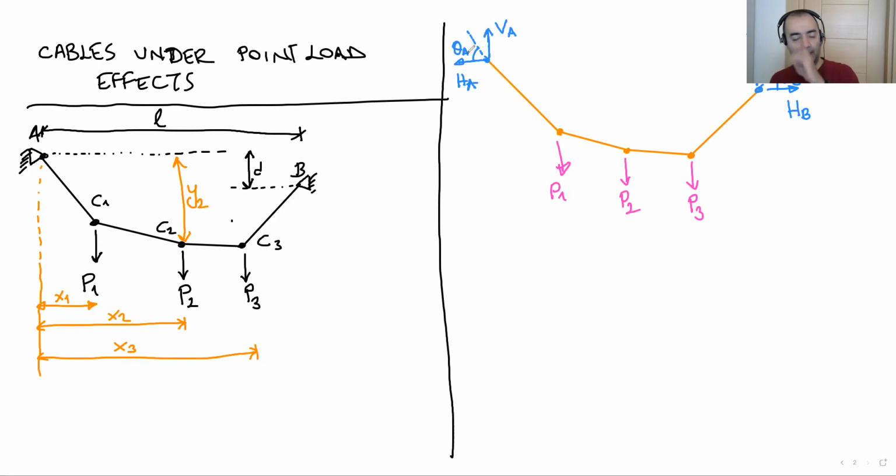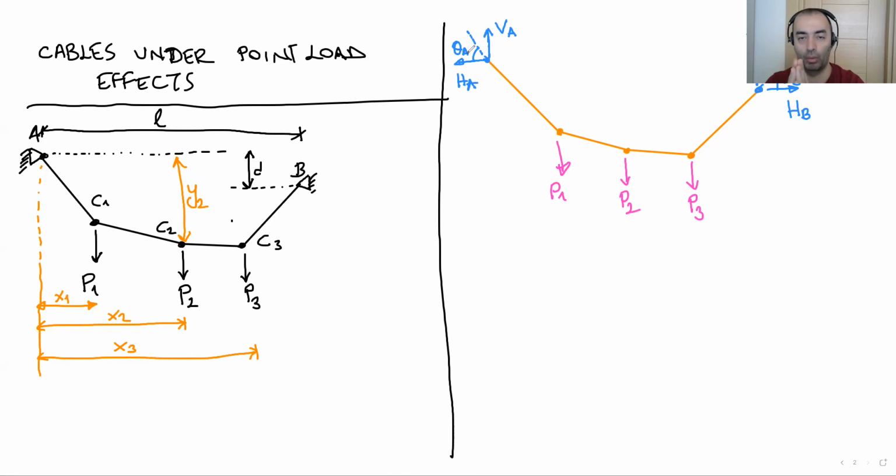Remember, the angle is always important for us because it defines the direction of the force. We can calculate HA and VA, but at the end of the day, the main support reaction, the resultant support reaction, is the combination of this HA and VA. HA and VA are the components, the resolved form, of the main support reaction.